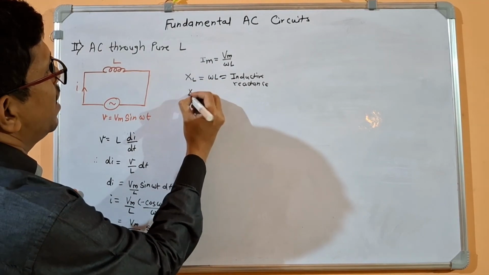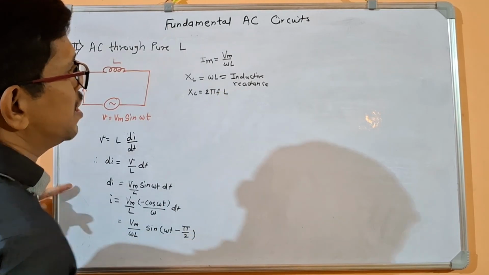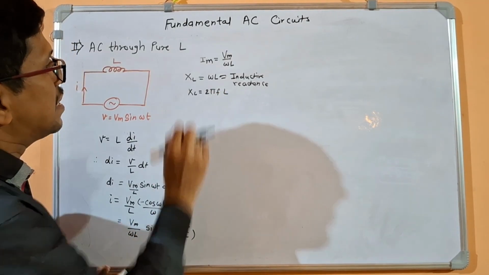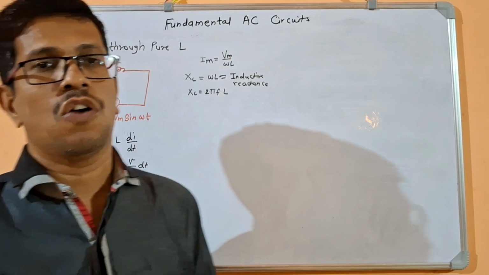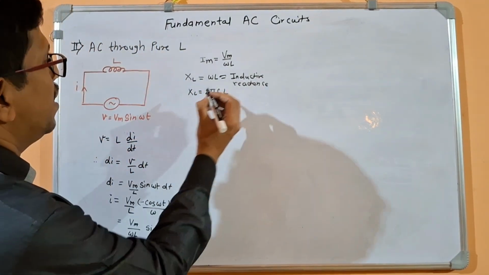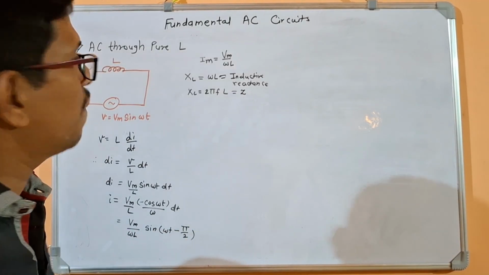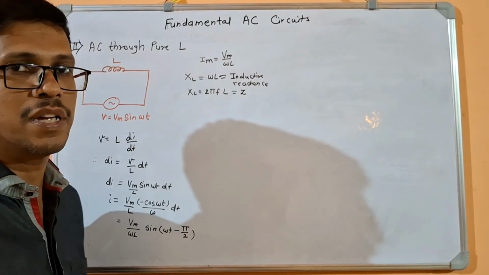Or you can write XL is equal to 2 pi fL, since omega can be replaced by 2 pi f. This is nothing but the opposition offered by the inductive circuit to the flow of current, and it is similar to Z, that is the impedance of that pure inductive circuit.